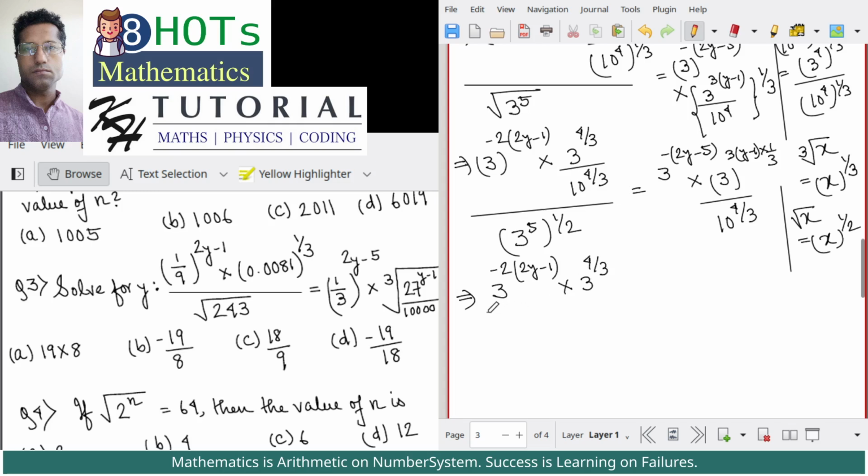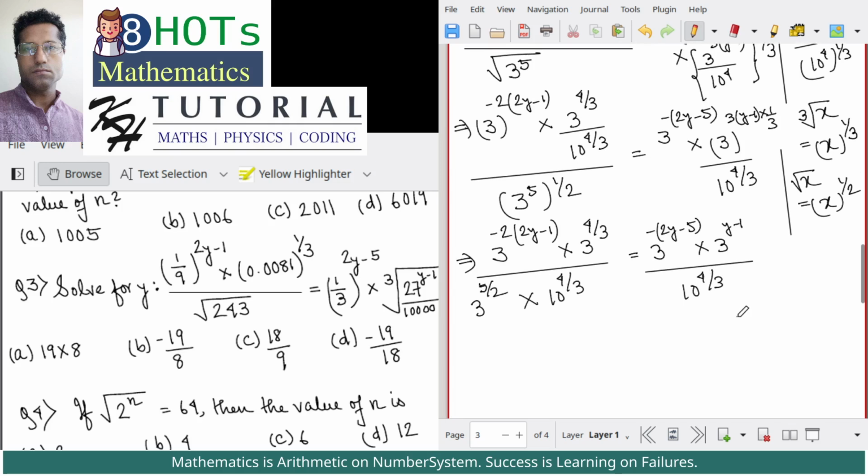I will bring it down. So this is equal to, now 3 to the power 5 whole raised to the power half means 3 to the power 5 by 2, and multiplied by 10 to the power 4 by 3 is equal to, we are having 3 to the power of 2y minus 5 multiplied by 3 to the power y minus 1 whole divided by 10 to the power 4 by 3.